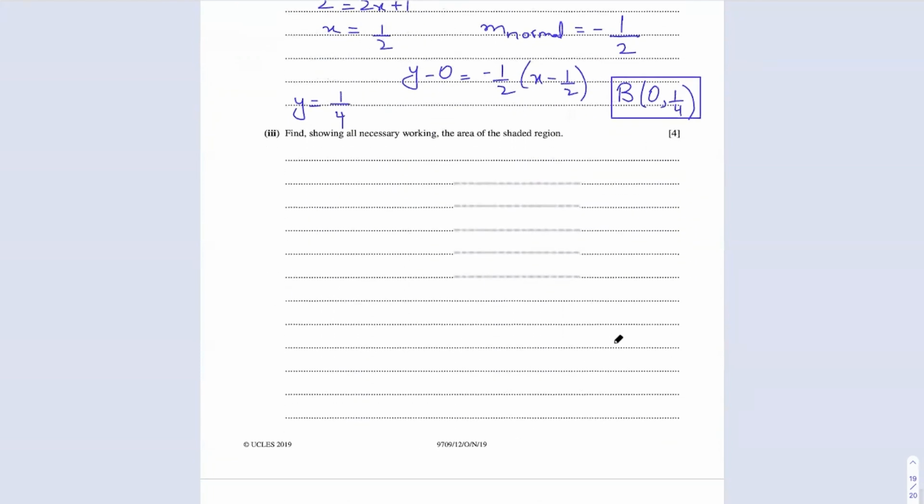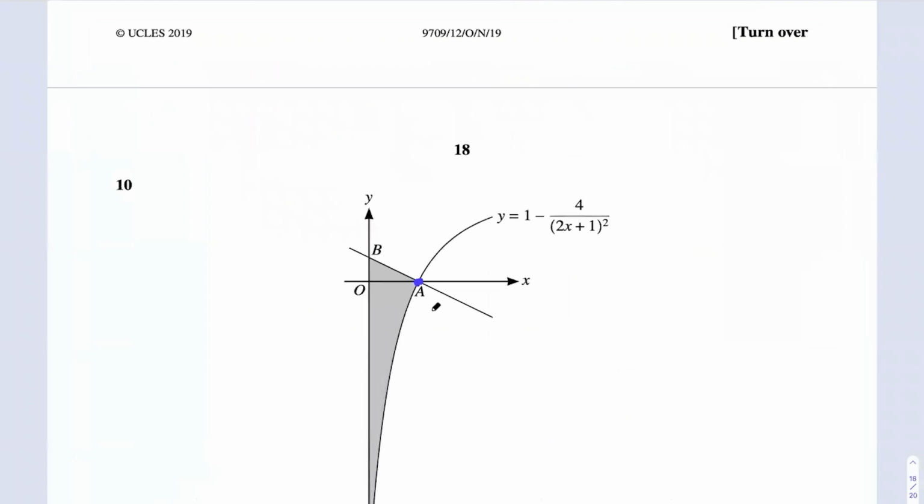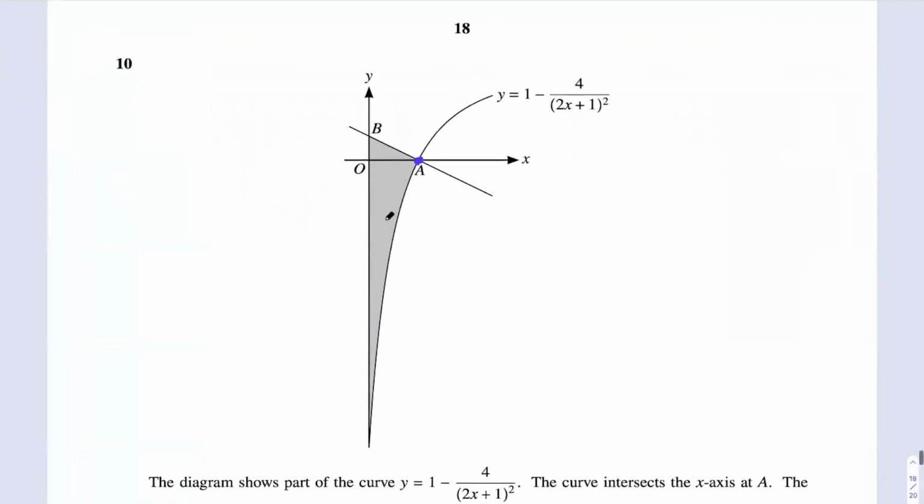In part 3, we have to find the area of the shaded region. Now we know that for the shaded region, basically, we can first find the area under the curve, and then the area of the triangle. So this point is half and this point is 1 upon 4. So the area of the triangle would be half into base, which is 1 upon 2, into height, which is 1 upon 4, which will be equals to 1 upon 16.